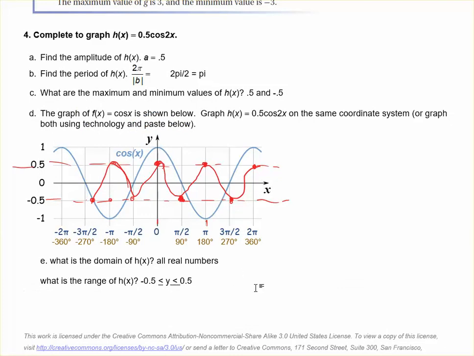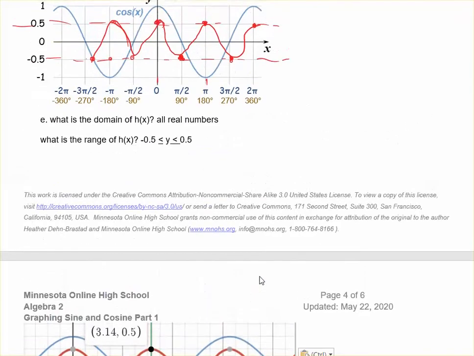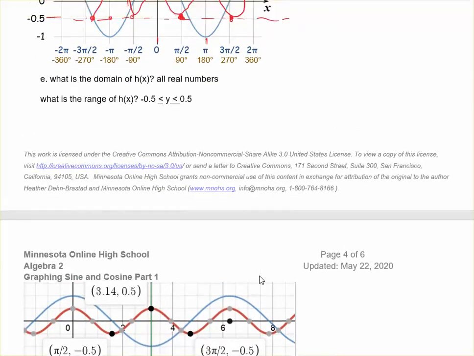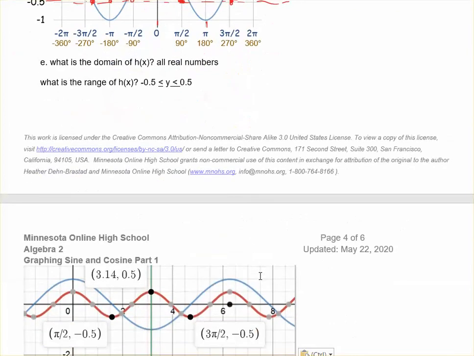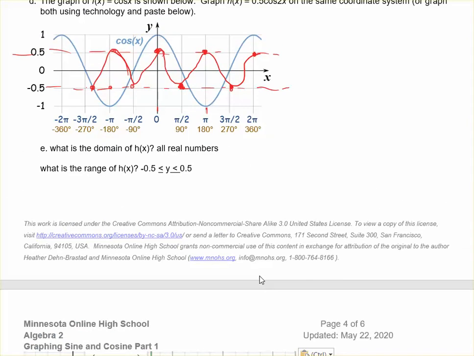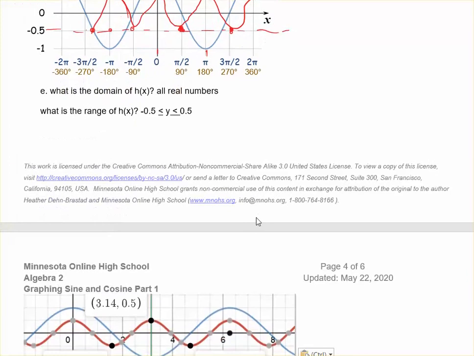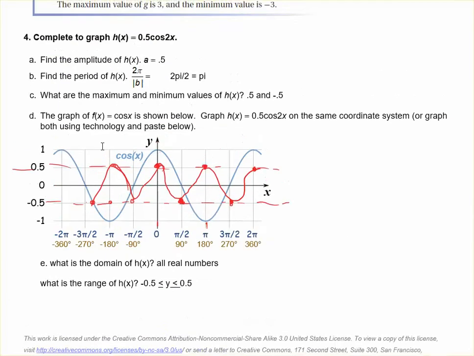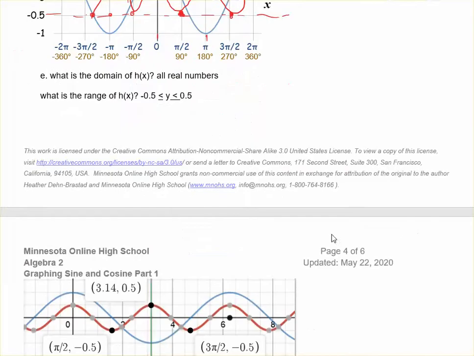So my graph, I'm going to put down here, is a little bit off of the way it should have been. So over here is the x-axis, and then it curves from there.